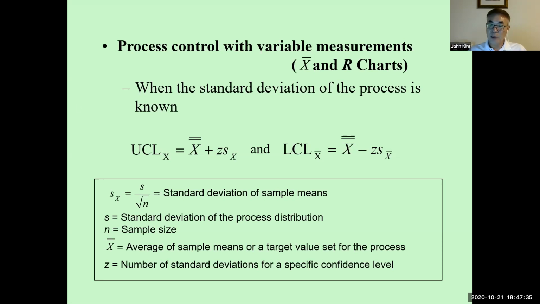If we use 99.7%, then use z equals 3. If we can get a standard deviation, then use this.